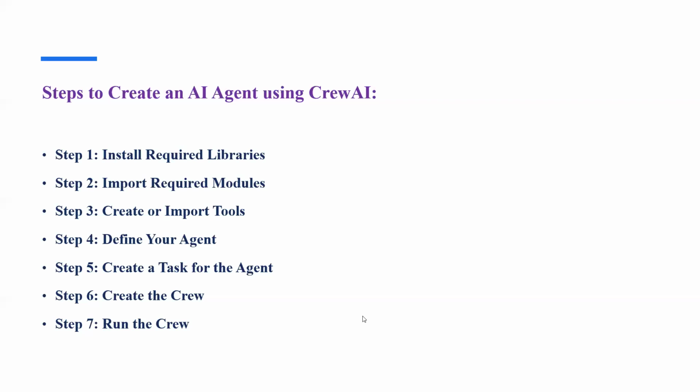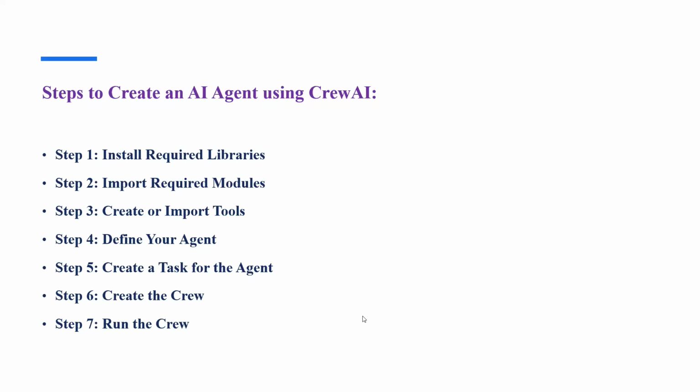Then our second step is importing the required libraries which we installed. After installing and importing all the necessary libraries and modules, our third step is to create or import our tools for an AI agent. We know that when we start creating an AI agent, the first step is to import the tools.